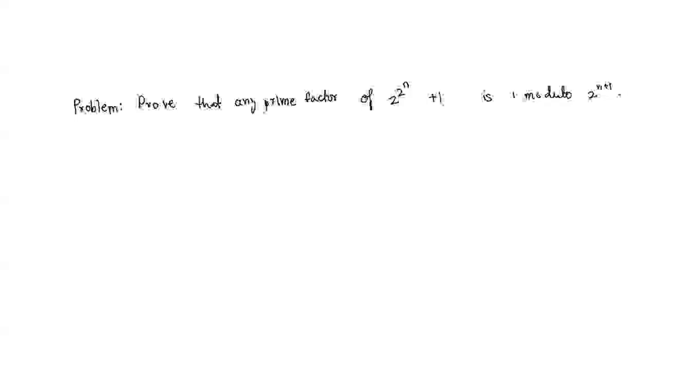And there are Fermat primes, but all Fermat numbers are not prime. My question still stands though. Is this implying that every prime number that divides 2 to the 2 to the n plus 1 is greater than 2 to the n plus 1? Yes. That's an interesting thing. It is very interesting.